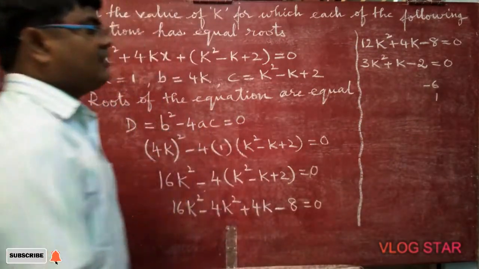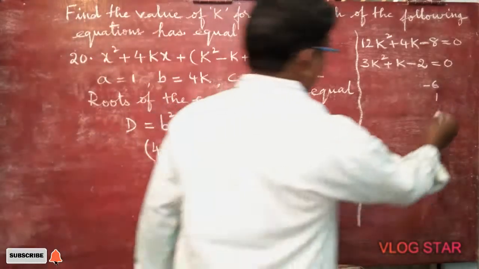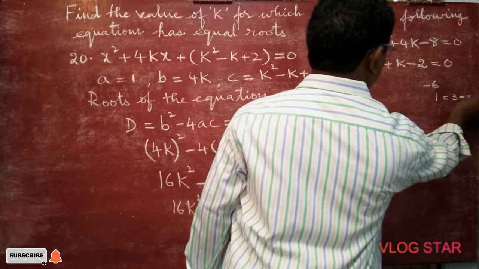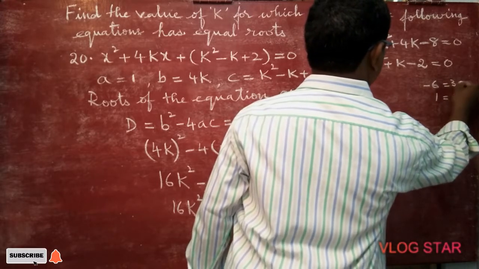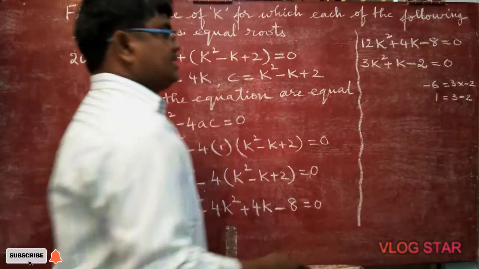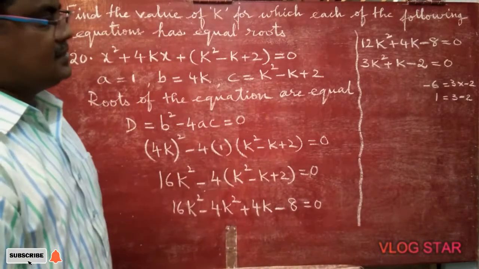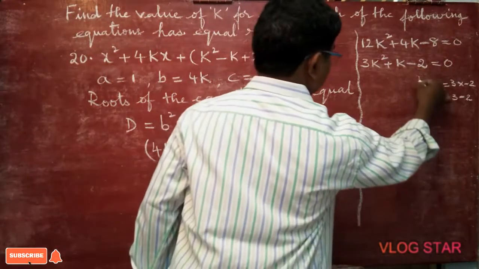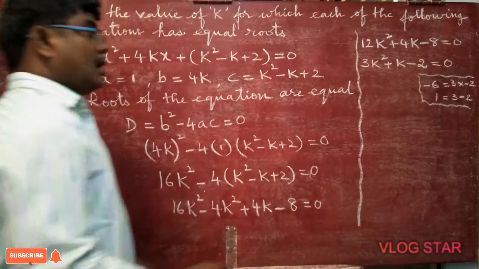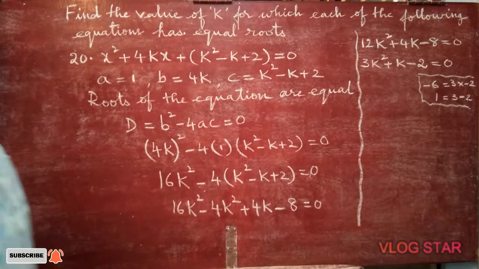So 3 minus 2 is equal to 3 into minus 2: plus into minus is minus, 3 twos are 6, minus 6. 3 minus 2 is plus 1. So how to find factors and how to apply signs is very important.